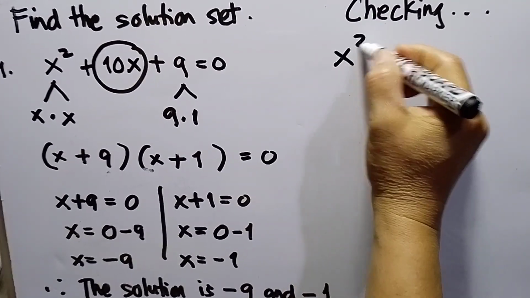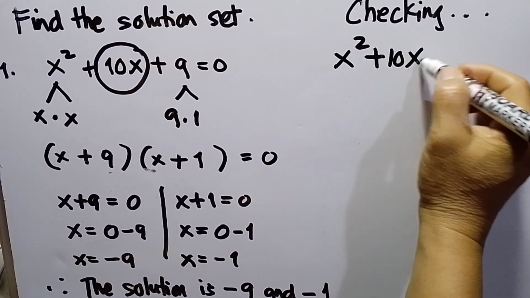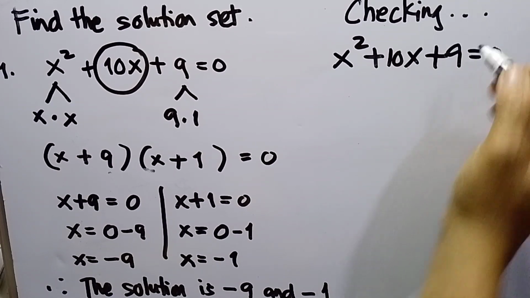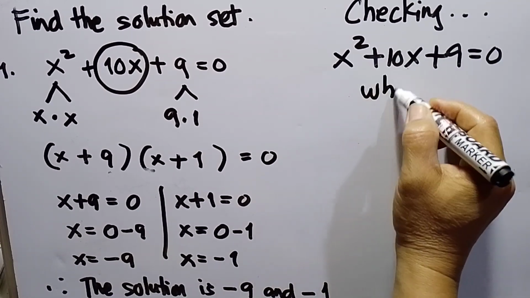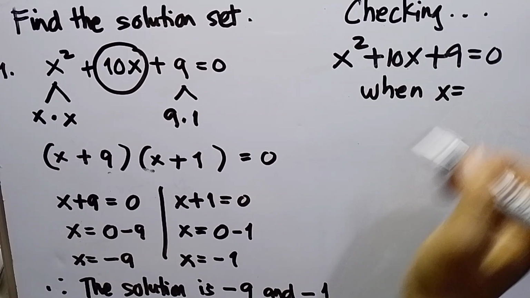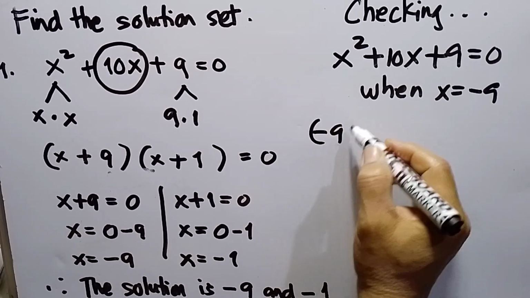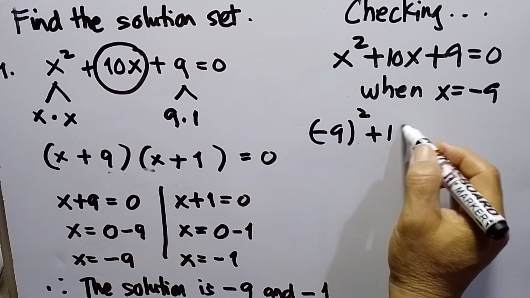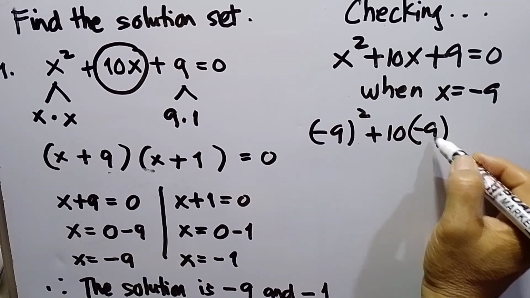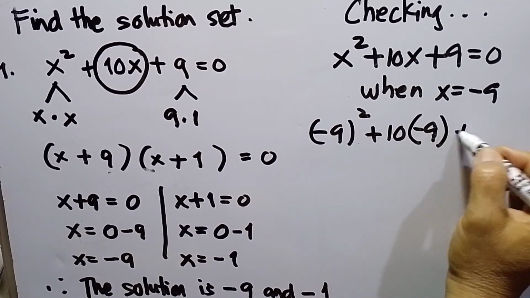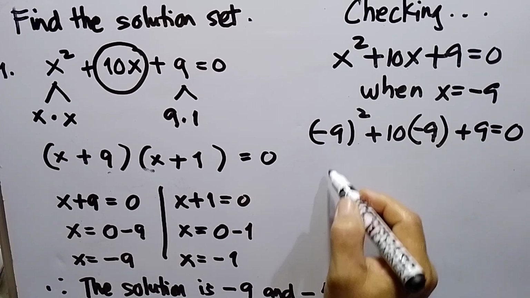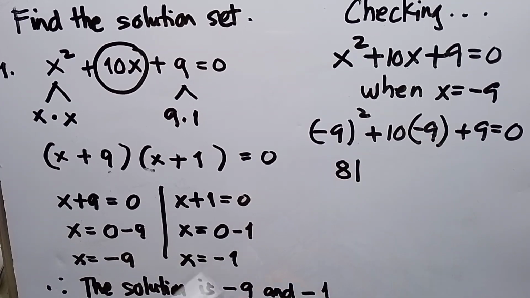So x squared plus 10x plus 9 is equal to 0, when x is equal to negative 9. So this will be negative 9 squared plus 10 times negative 9 plus 9 is equal to 0. So this is 81.